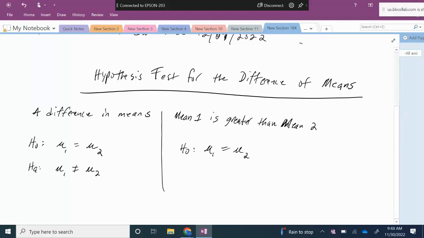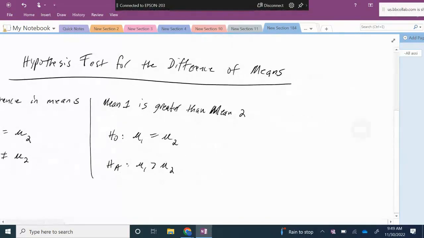The alternative hypothesis is that mean 1 is greater than mean 2. So when we actually set up these tests on the calculator, our test is going to be based on the alternative hypothesis.